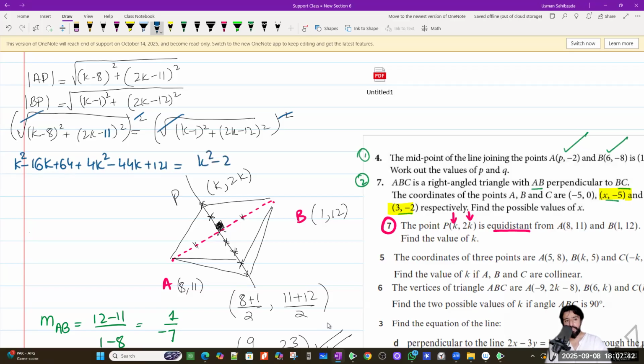So you basically would solve the entire thing. 24 times 2 is 48k plus 144. तो ये खैर ये सारा solve करते हो, the k squares are cancelling out because they're the same on both sides of the equation. They cancel out, you solve, you get the value of k as 4 as well. ठीक है जी.